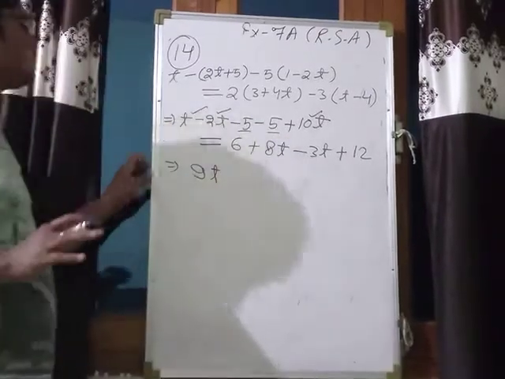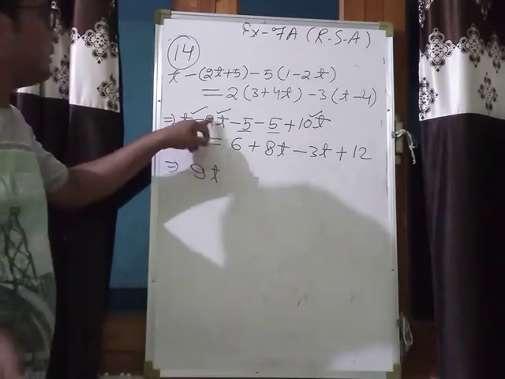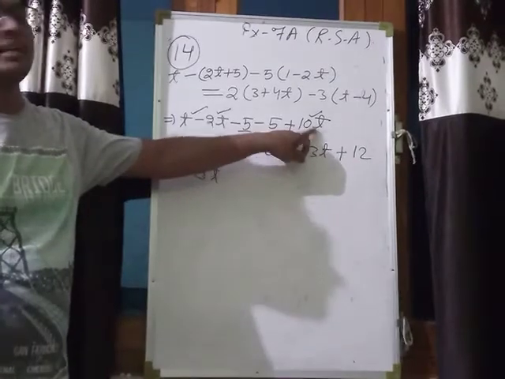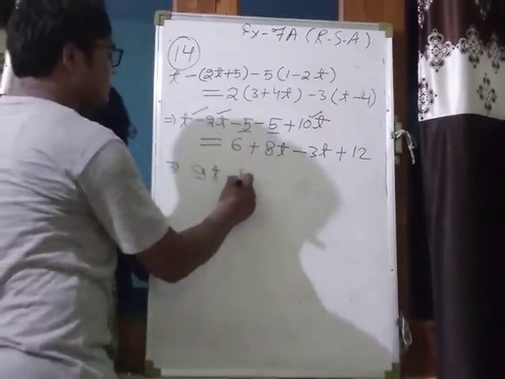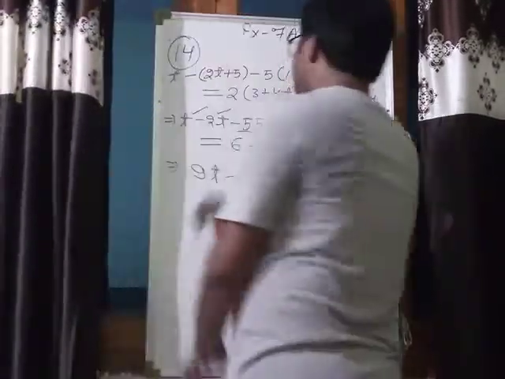Got it everyone? See, t minus 2t, that is minus t, and minus t plus 10t, that is plus 9t. Minus 5 minus 10.